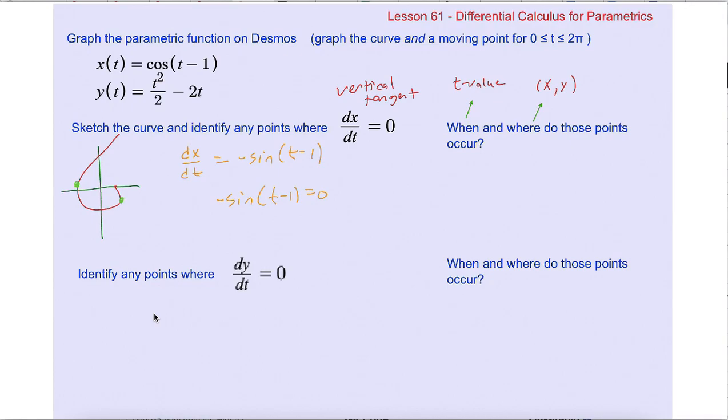I can ignore the negative, or multiply both sides by negative 1 to get rid of it. When does sine equal 0? Well, we know sine equals 0 at 0 and at pi. So that means the angle could be 0, or the angle could be pi. So the two values for t are 1 or pi plus 1.